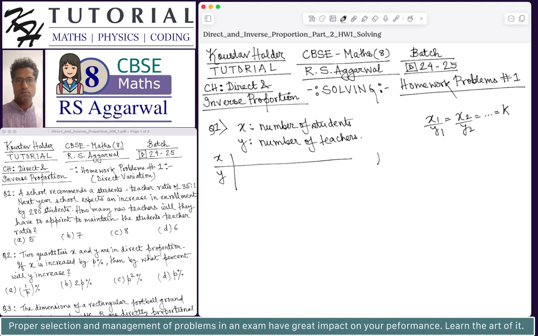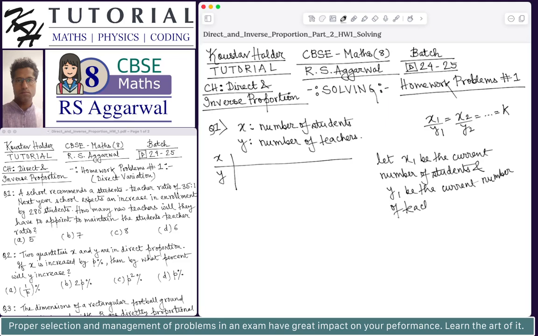So let x1 be the current number of students, and y1 be the current number of teachers.